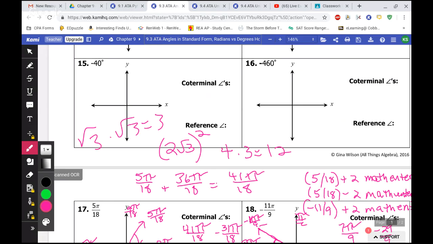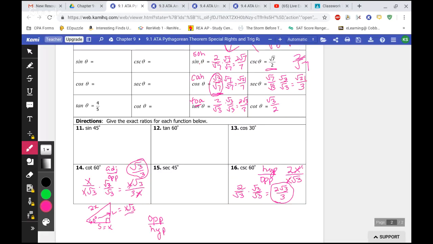So if we skip to number 11 on the first homework page, can you walk me through that?